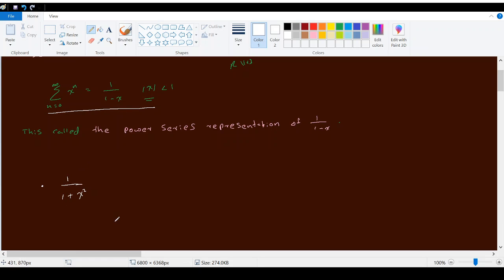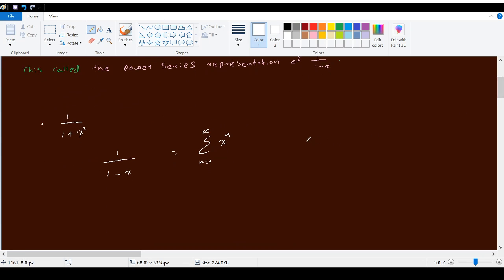So for that, what we can do is we can take this 1 over 1 minus x term, and that was equal to this one. So that means within this region, whatever value we choose here, you will get this series representation. So what we are going to do is, instead of this x, we will write x squared.